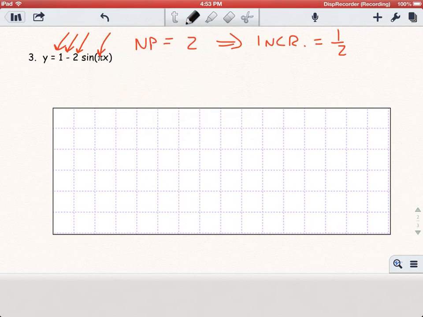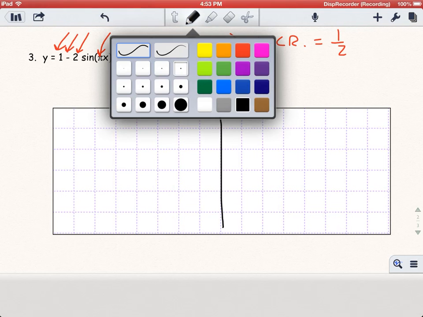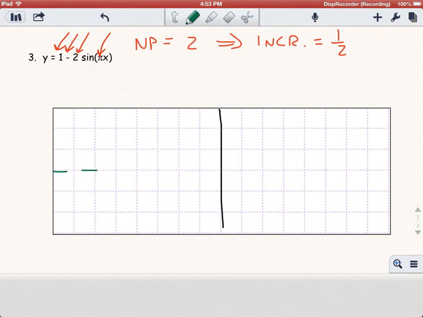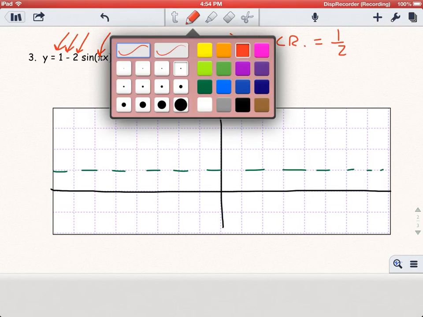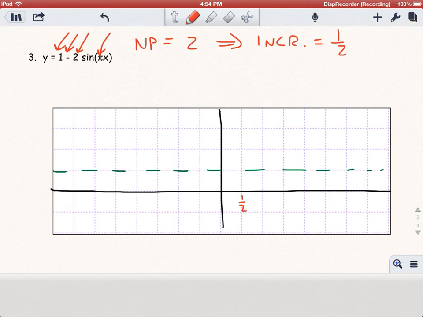Because we have a vertical shift, we can create an equilibrium and then adjust our x-axis. Because this is a vertical shift up 1, our x-axis will be slightly below. Our increments will look like that.